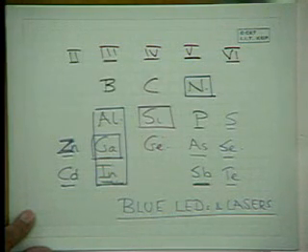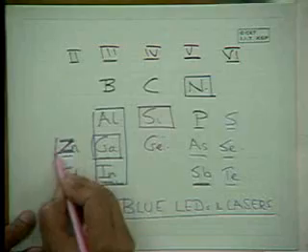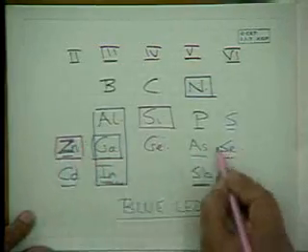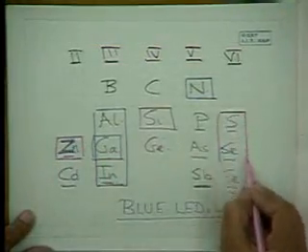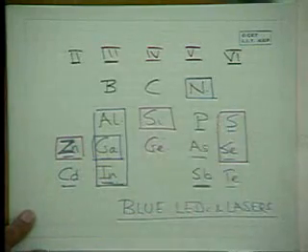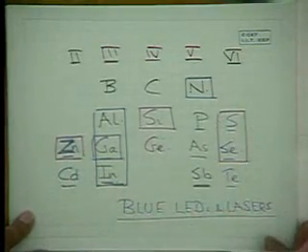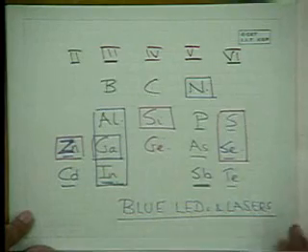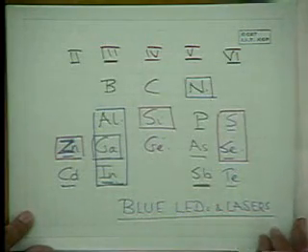A rival family is based on these zinc compounds, zinc, sulfur, selenides, etc. 2-6 compounds which are also in the competition to make blue devices.